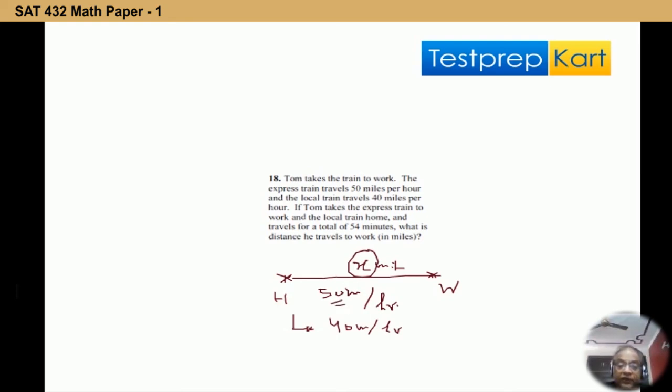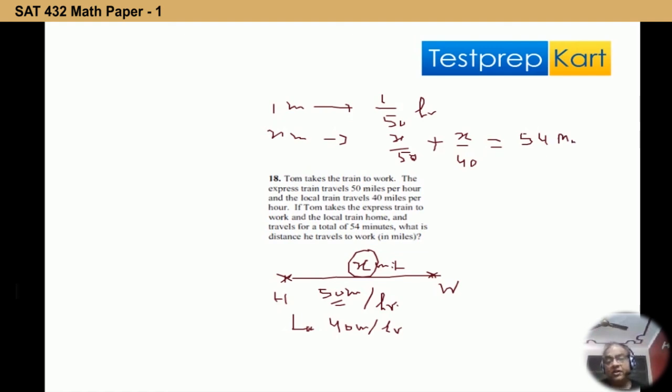So if he is going 50 miles per hour, in 1 mile he is covering 1 by 50 hours. So x miles he will be covering in x by 50 hours, plus likewise 40 miles per hour going back. Using the same logic, he takes x by 40 hours. This total is 54 minutes.